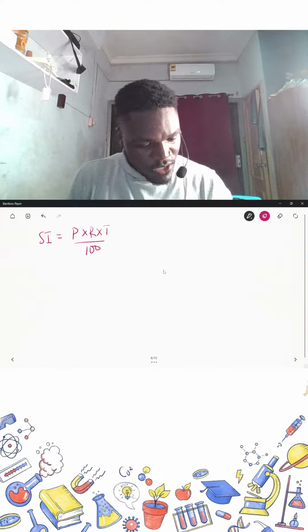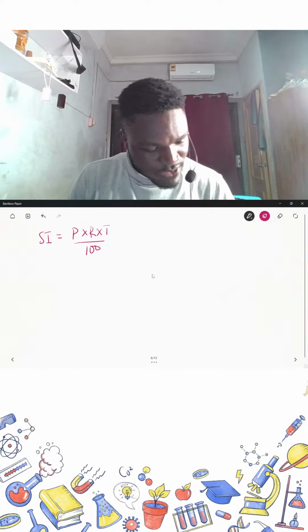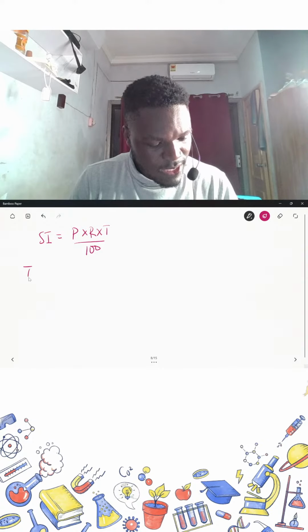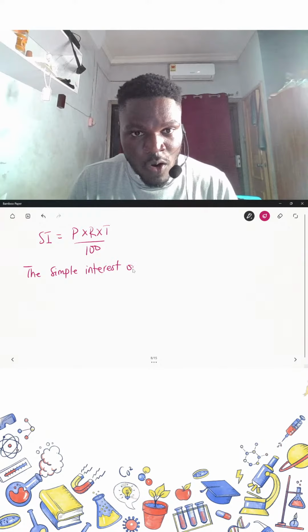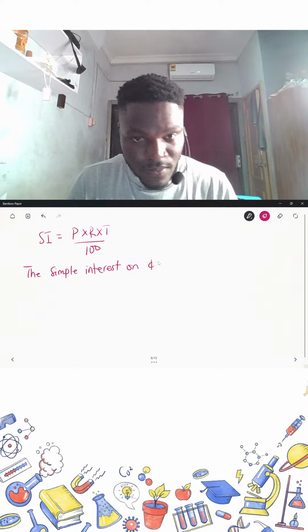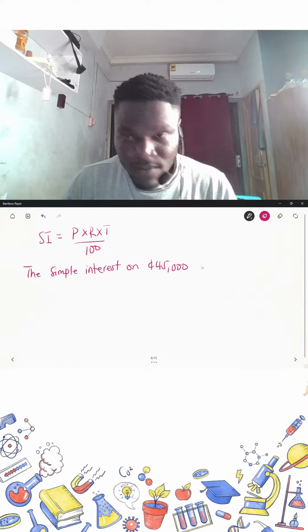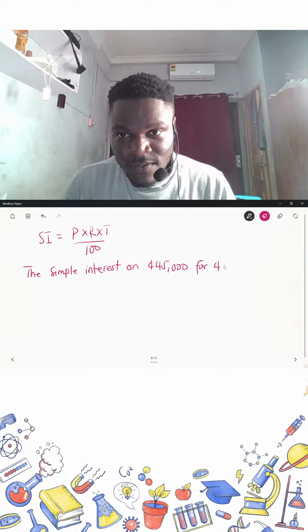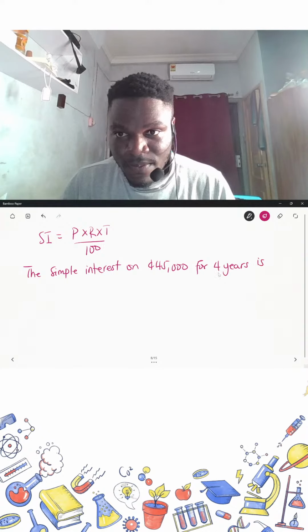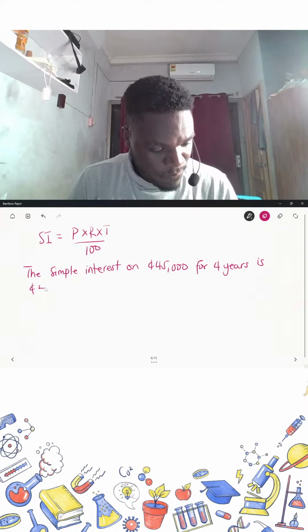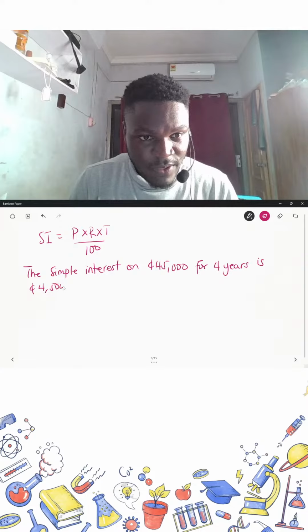Are we okay? So with this formula in mind, I have a question here. The question is saying the simple interest on 45,000 for 4 years is 4,500.